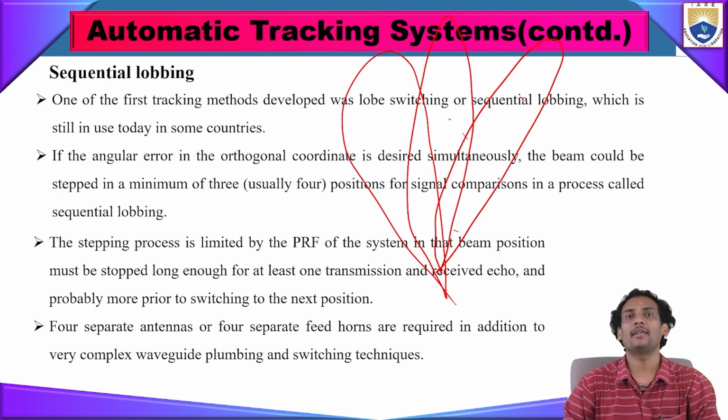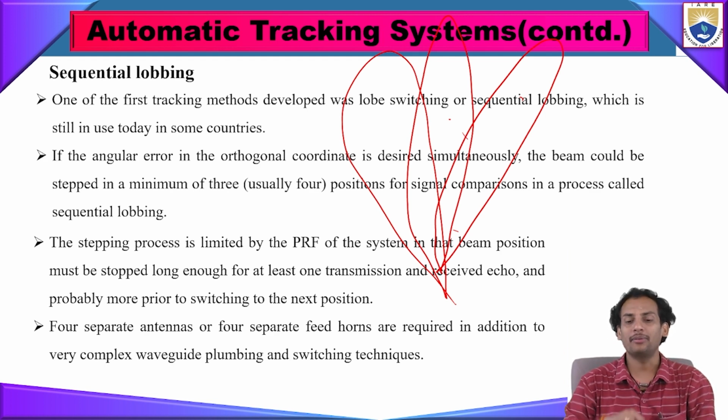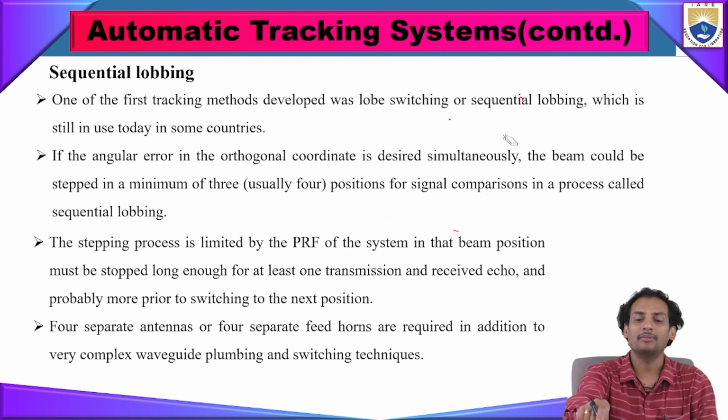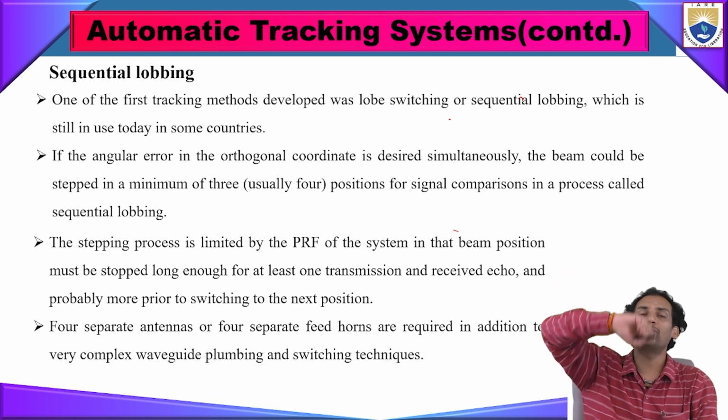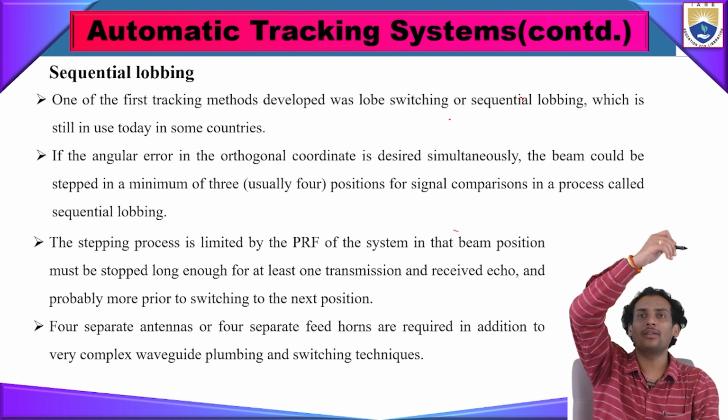So four separate antennas or separate feed horns will be required for this system. Complex waveguide plumbing and switching techniques are also required for operating this system. Four antennas should be there, in such directions that lobes will be created in all the directions.